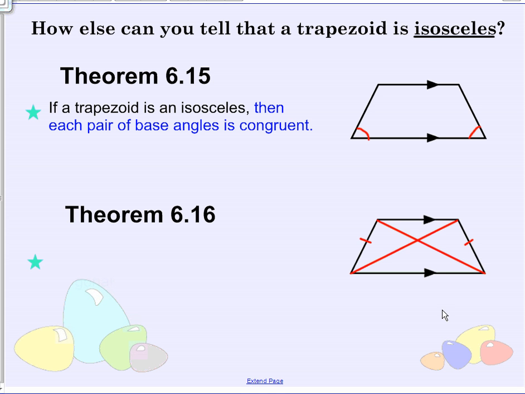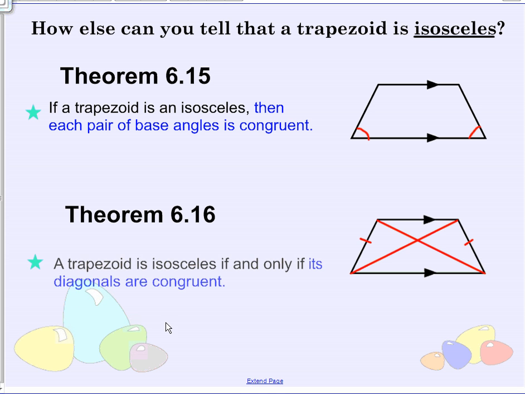The next one states a trapezoid is isosceles if and only if its diagonals are congruent. So if you look at the diagonals of this trapezoid, these have to be congruent in order to be considered an isosceles trapezoid.